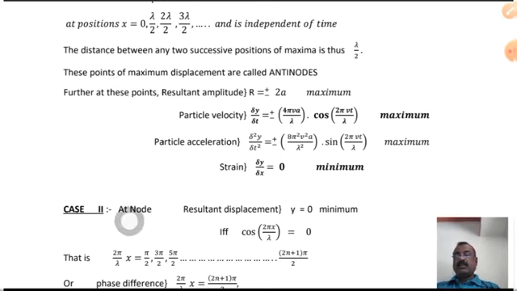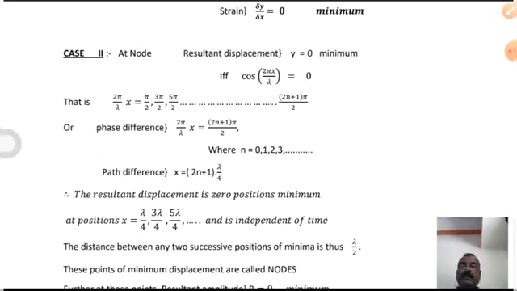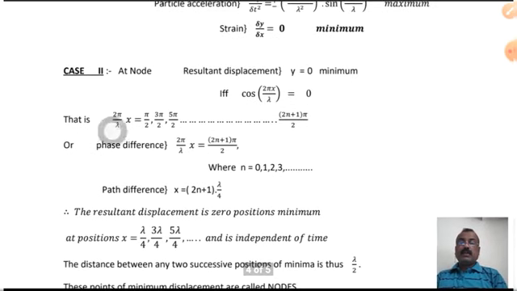Similarly, at nodes, the resultant displacement y should be minimum. Resultant displacement y is equal to 0 if and only if cos 2 pi x by lambda is 0. That is, 2 pi x by lambda is either pi by 2, 3 pi by 2, 5 pi by 2, or (2n plus 1) pi by 2.